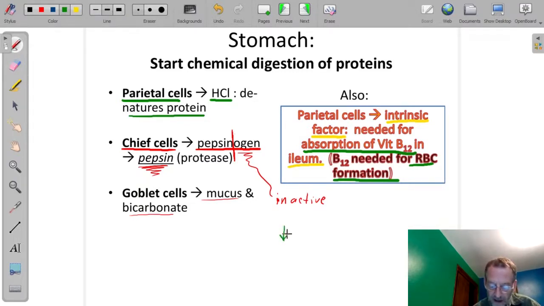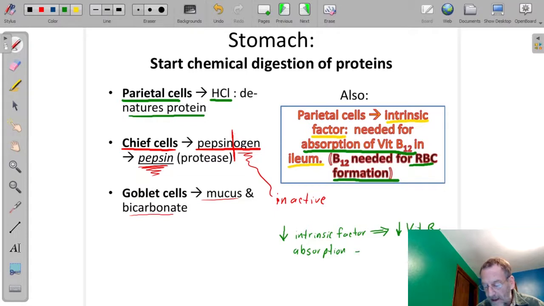So if you have decreased intrinsic factor, that can lead to decreased vitamin B12 absorption, and that can lead to pernicious anemia, where the person just isn't producing enough red blood cells.